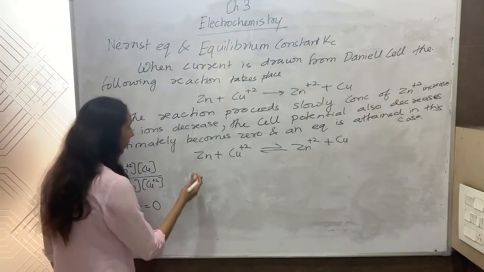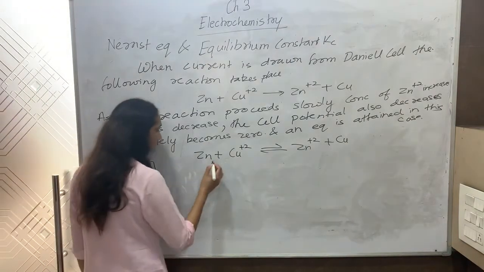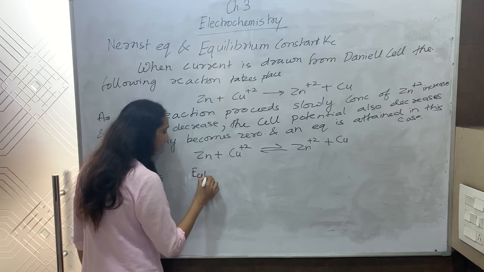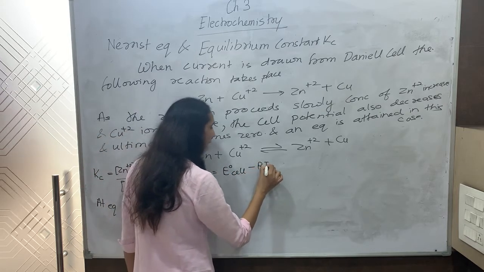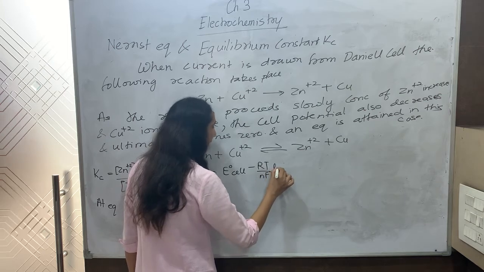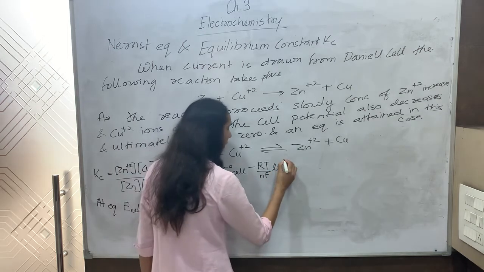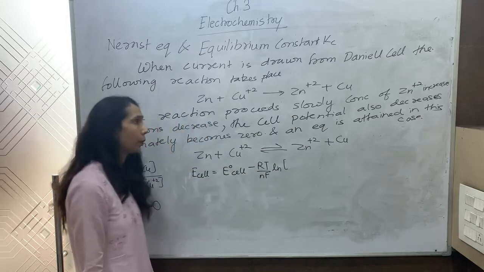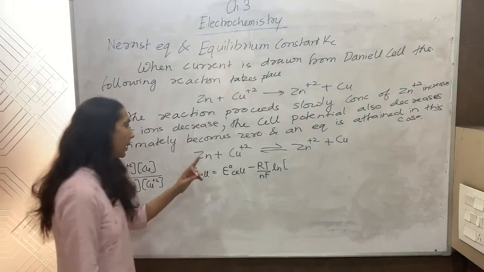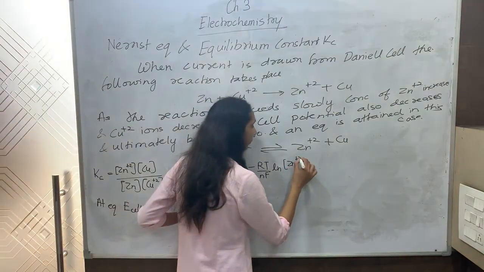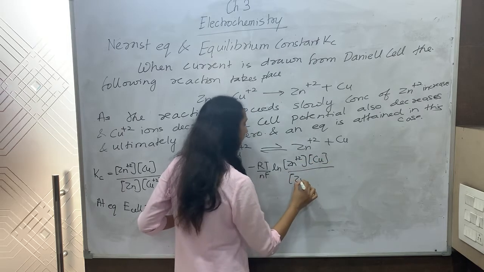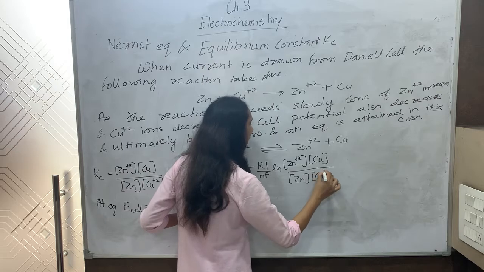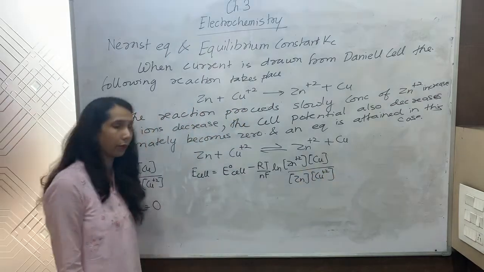Now, when I write the Nernst equation, it is E cell is equal to E naught cell minus RT upon nF ln of the concentration of product, Zn2+ upon Cu2+ times Zn, Cu; that is the concentration of the product.